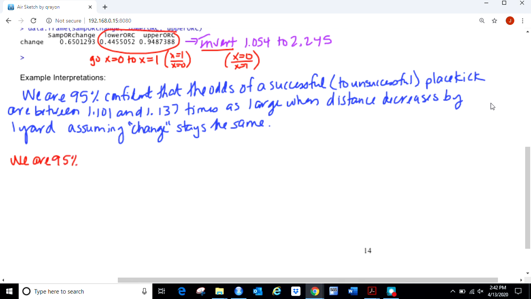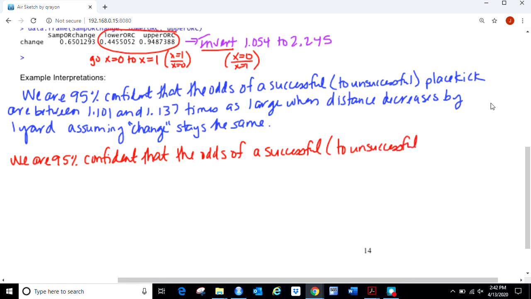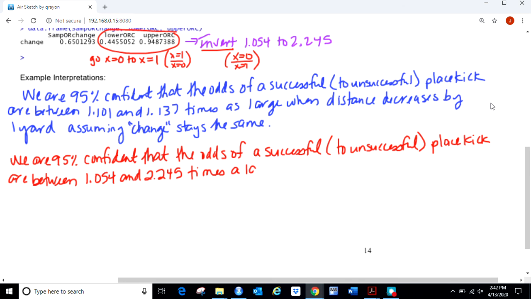So here we are 95% confident that the odds of a successful place kick are between 1.054 and 2.245 times as large for.